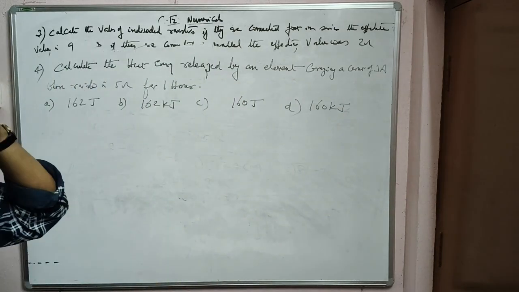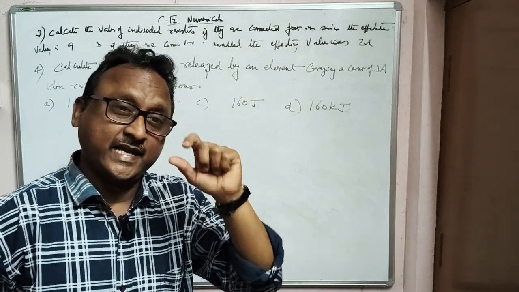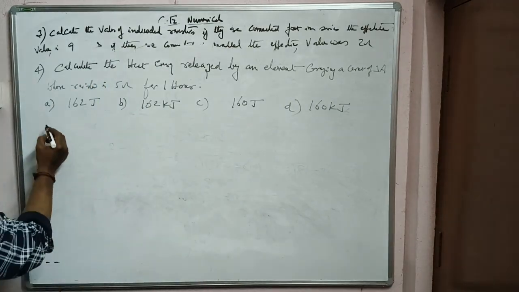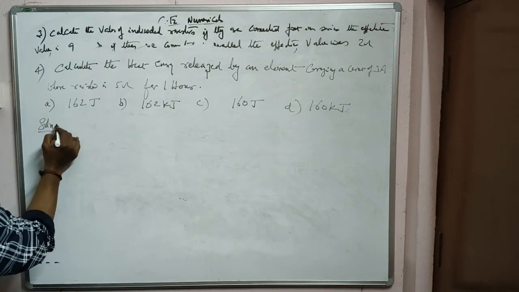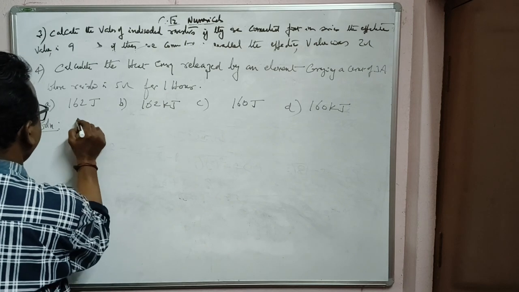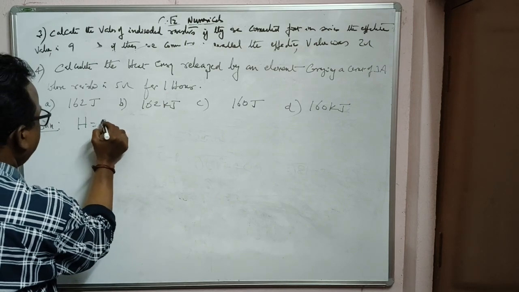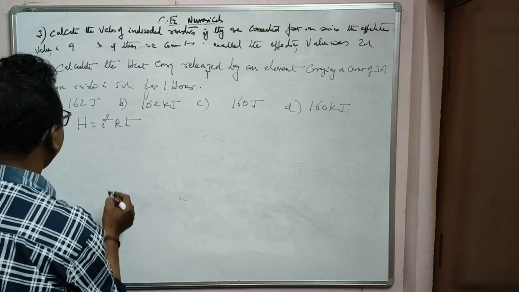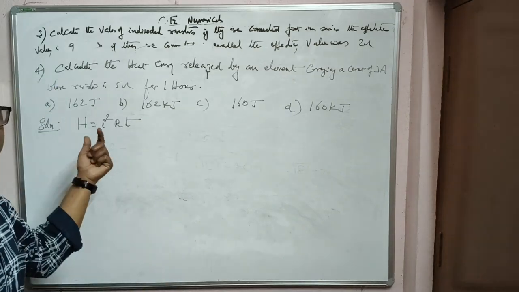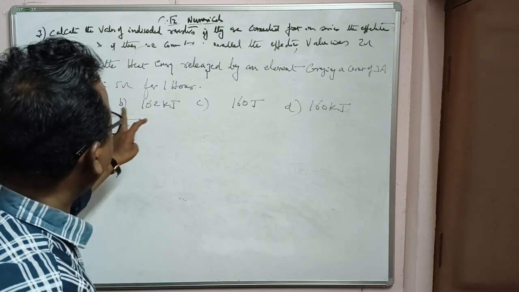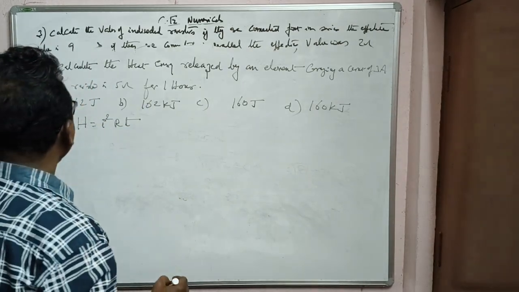So this is the problem regarding the heating element, that is H is equal to I square R T, or Q is equal to I square R T. Already I told you in the first video. H is equal to I square R T, heat released, and please make a note it is in joules only, because you already calculated in joules in the concept.